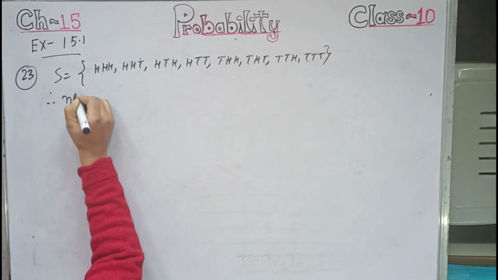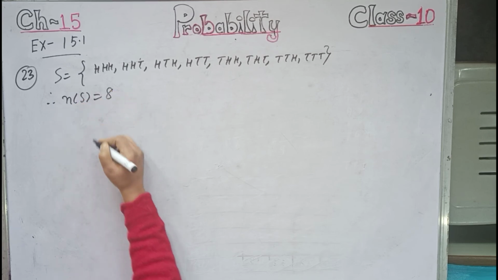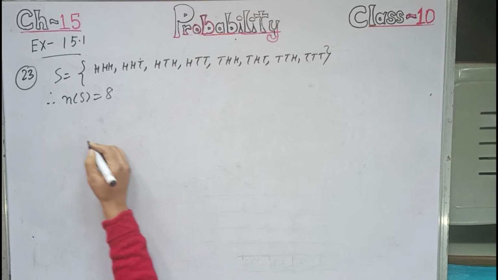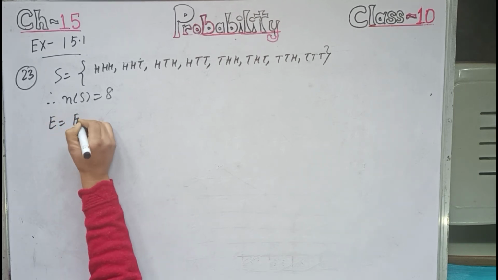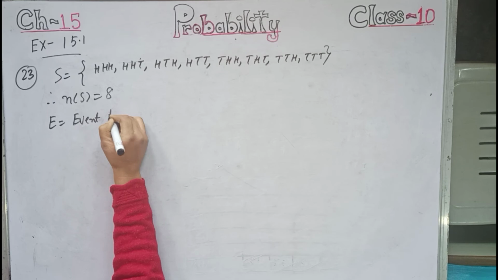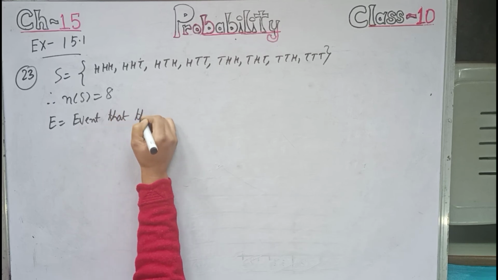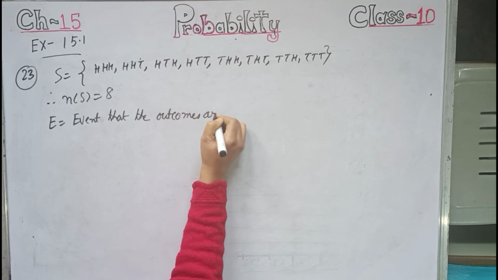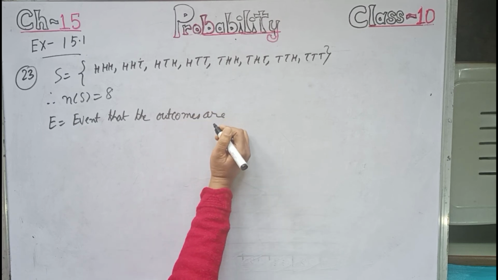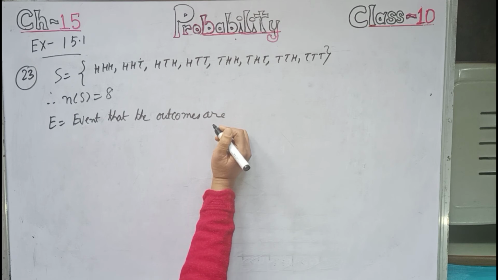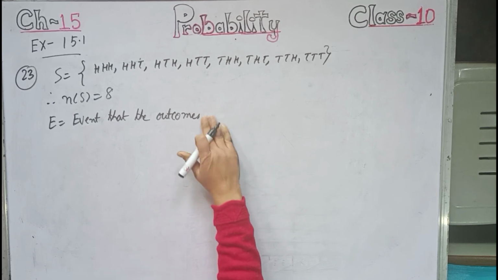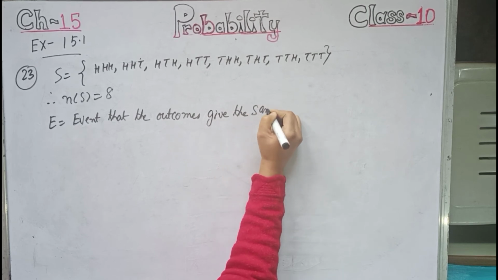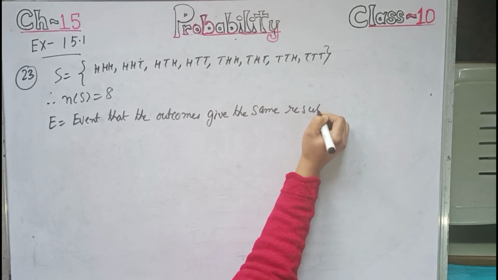Therefore n(S) equals 8. Now the question is saying that E is the event that the outcomes give the same result.